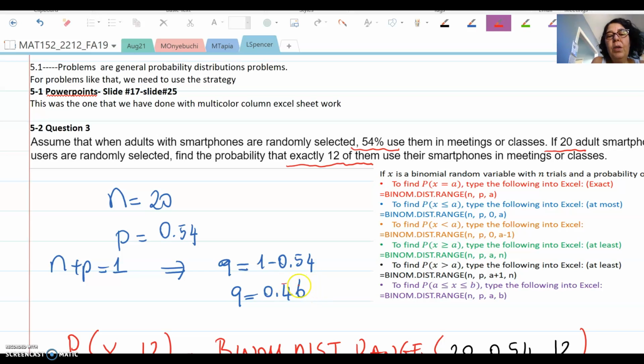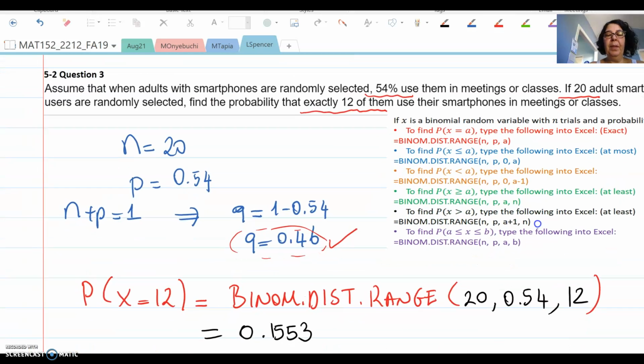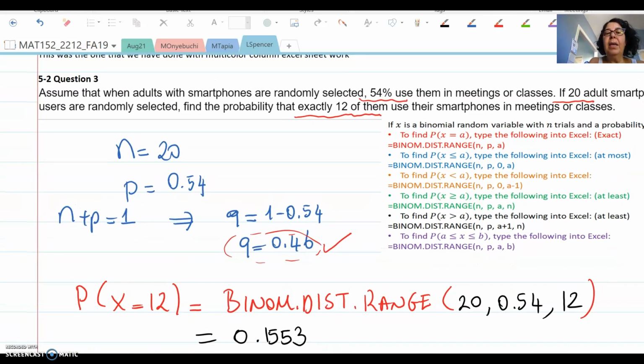We're not using q in binomial, but in the future we are going to use that, so I will try to stress the idea of knowing what q means. Since they are saying exactly here, this will be the formula that I'm going to choose from my formula sheet.